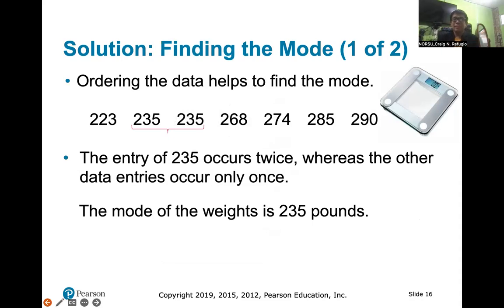All of the rest of the data found in the set appear only once. So the mode is equal to 235 pounds. And when we say the mode is 235 pounds, that is actually the weight that is appearing frequently in the data set.